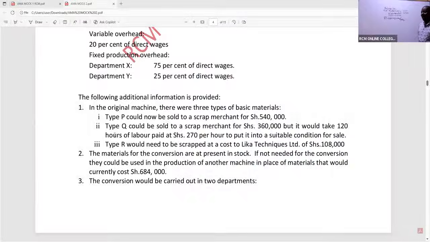So type R would need to be scrapped at a cost to liquor techniques. Now this type R would have been thrown out there. It's going to be scrapped at my cost.